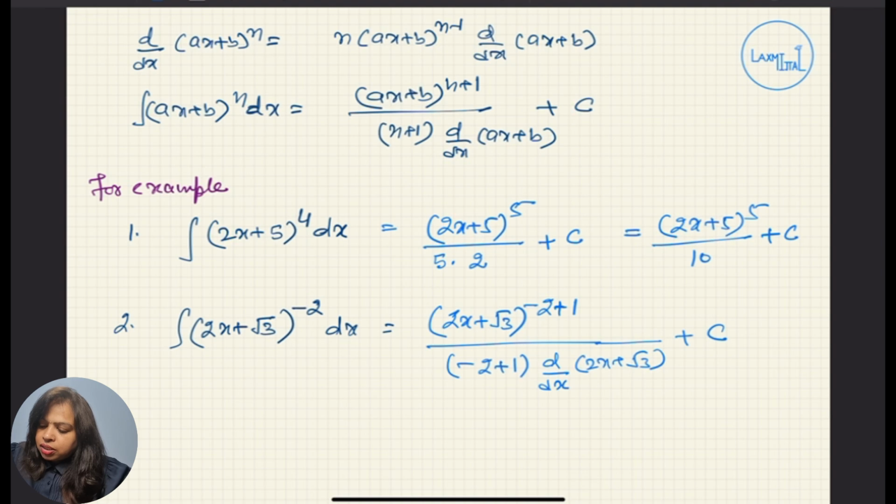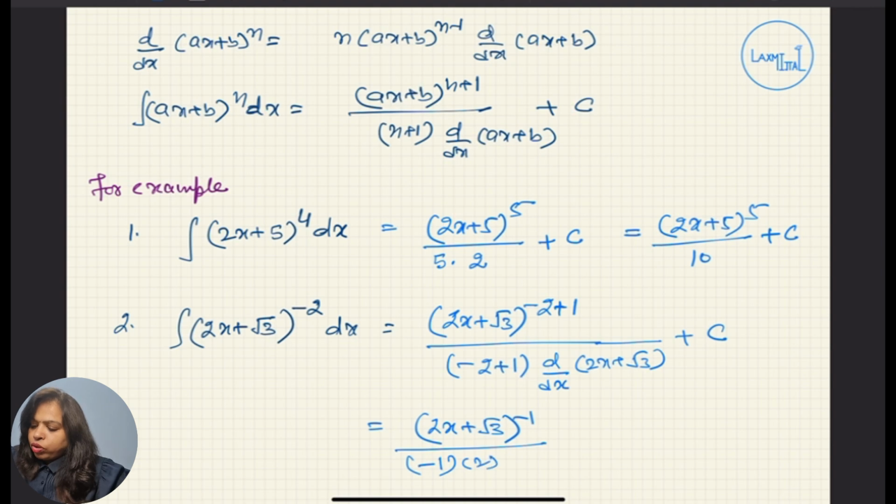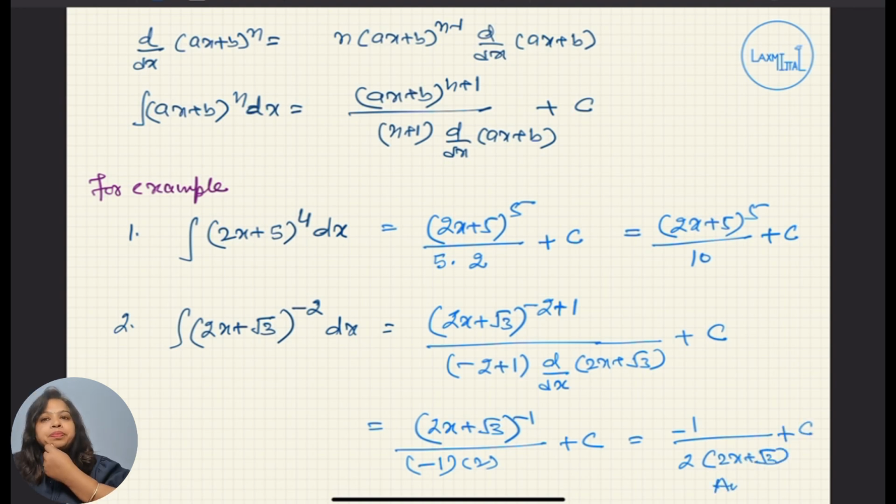So what is the answer? 2x plus root 3 raised to the power minus 1 upon minus 1 into differentiation which is 2, plus c, or you can write it as minus 1 by 2 times 2x plus root 3 raised to the power minus 1, plus c. This will be your answer.